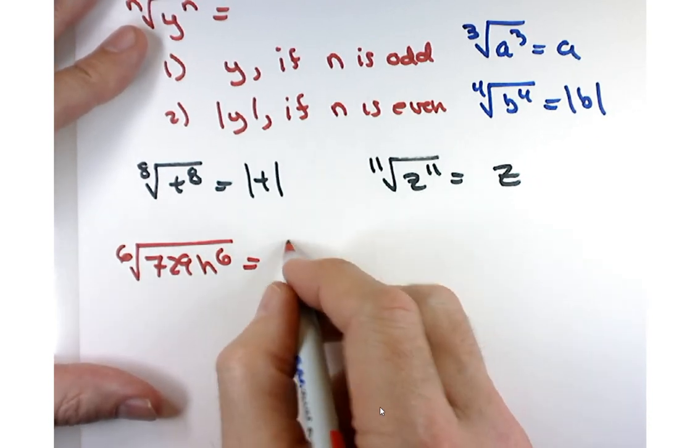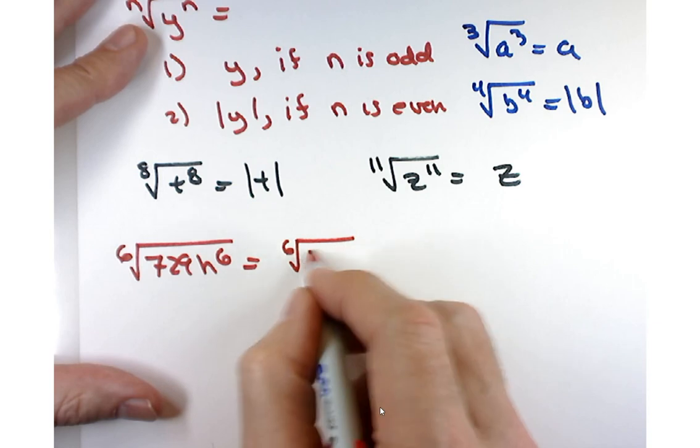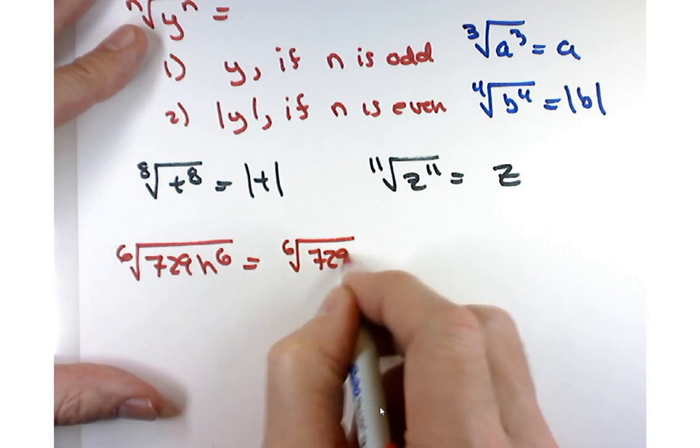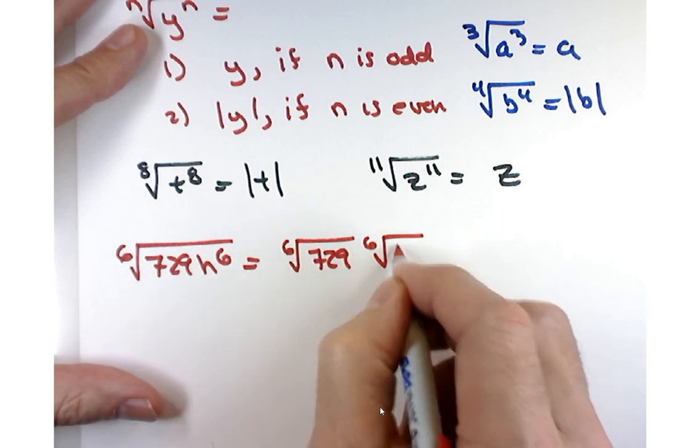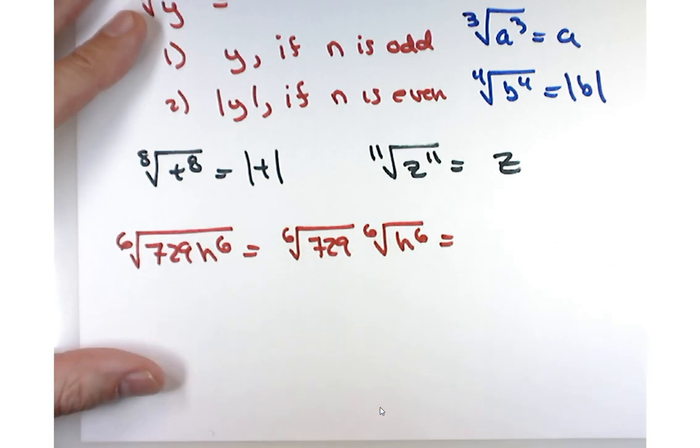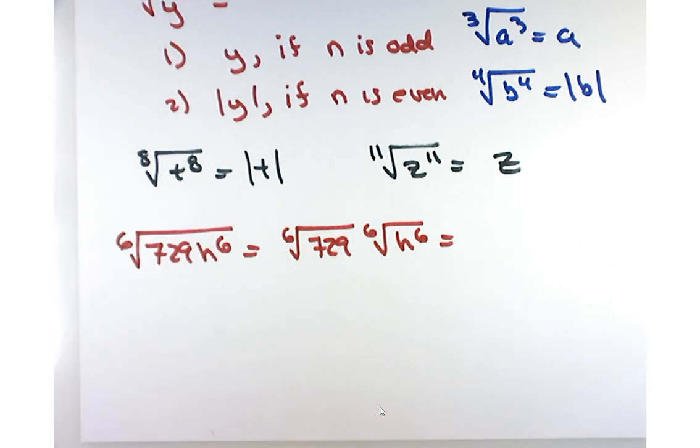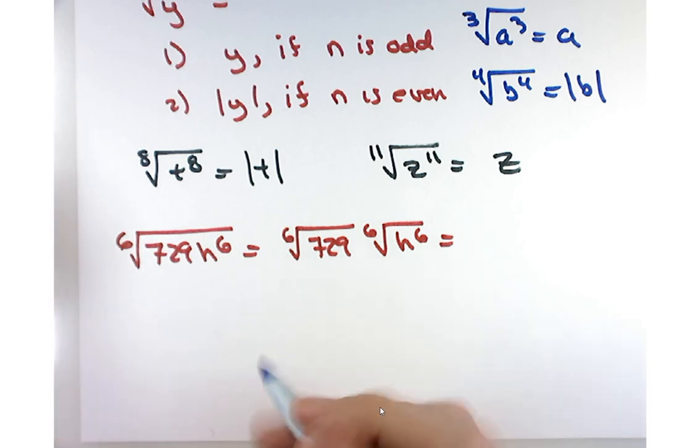I would break that up as the 6th root of 729 times the 6th root of h to the 6th, and then simplify from there. Let me give you a similar one to chew on.